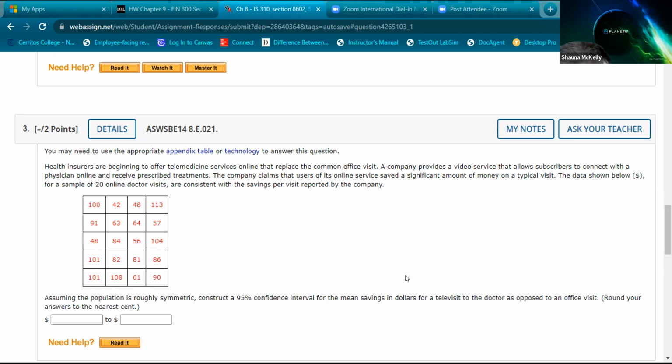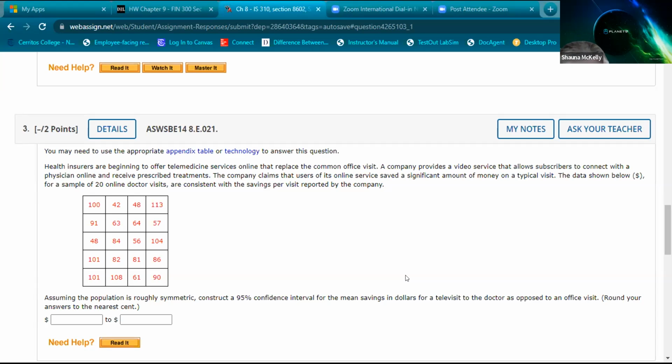So it says the data shown below for a sample of 20, so n is 20, are consistent with savings reported. Assuming the population is roughly symmetric, construct a 95% confidence interval for the mean savings in a televisit as opposed to an office visit. Round your answers to the nearest cent. We're going to do STAT, TESTS, and this is a sample.